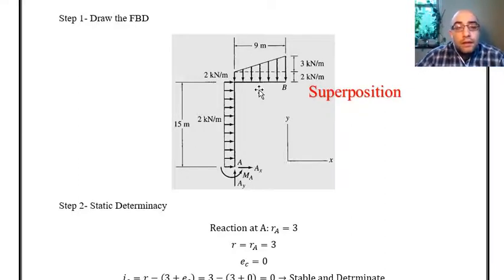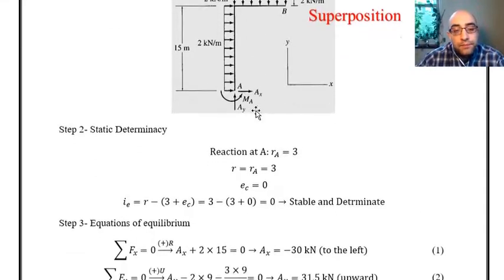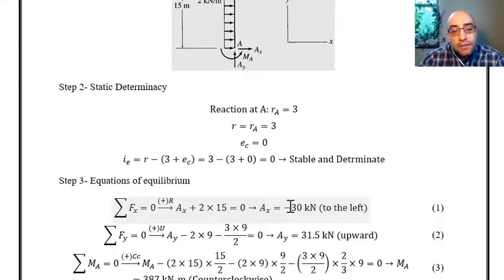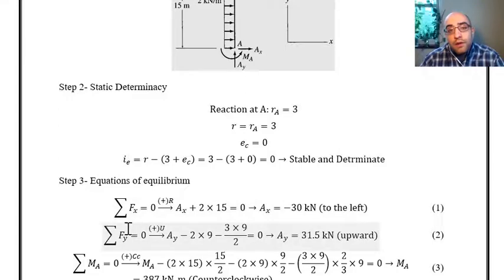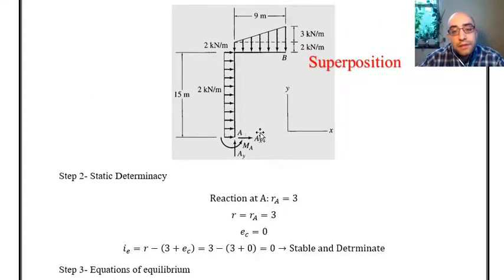So, considering these assumptions, let's see how we can find the reactions in this frame. At first, I have to write the very famous equation about forces in the horizontal direction or x direction. Summation of forces in x direction is equal to 0. I'm always assuming positive is to the right, like this. So I can say AX, reaction at point A in the x direction, plus this load which is in the x direction, and it should be positive because it is to the right.